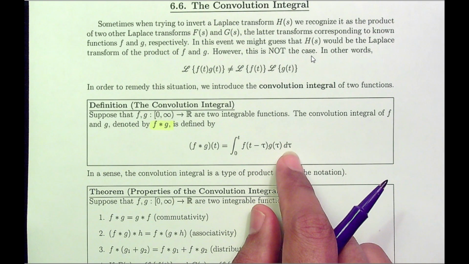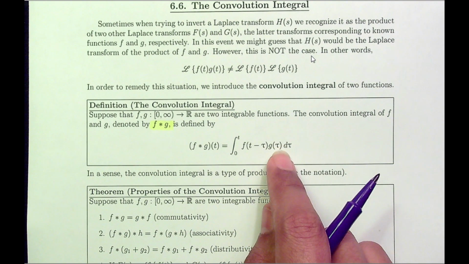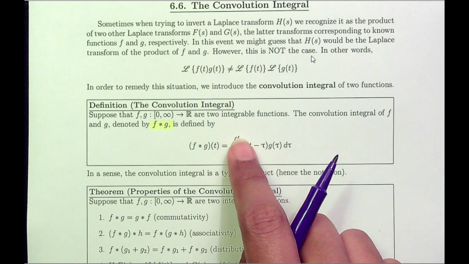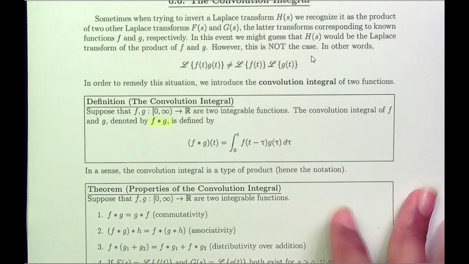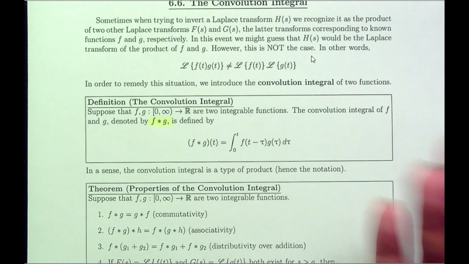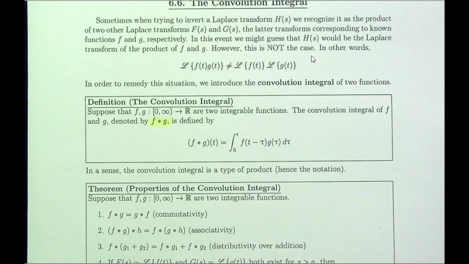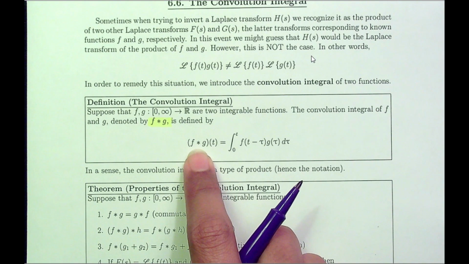That means we're integrating this function with respect to tau. Tau is our variable, and for the purpose of the integral, t is a constant. Once you compute that integral, tau is a dummy variable, so you end up with an expression only in terms of t, so t becomes the variable for the function f convolved with g.